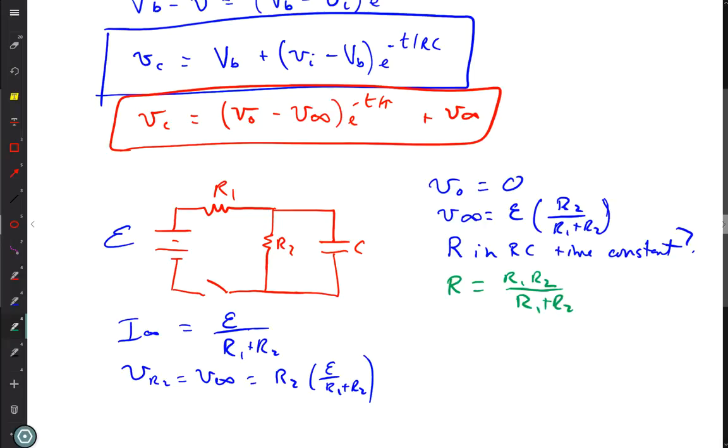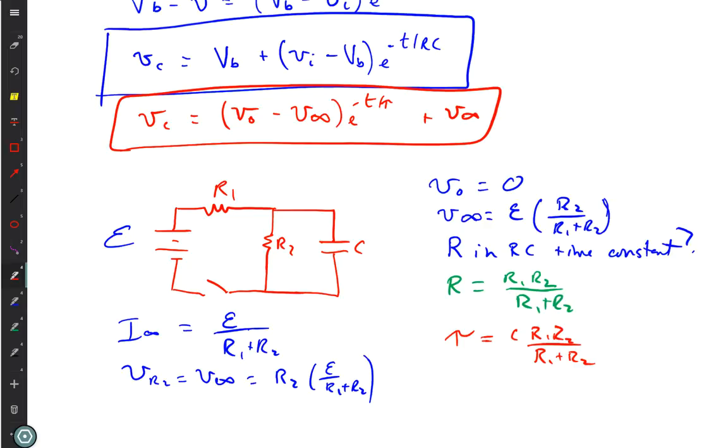Okay, so there's our resistance. So then what's the time constant? Yeah. It wasn't a complicated question, just making sure we understand why I had to find that equivalent resistance.